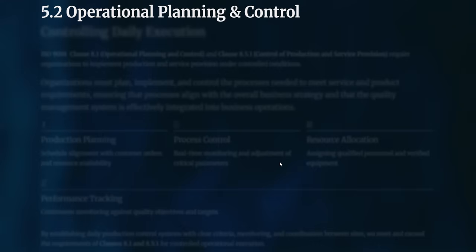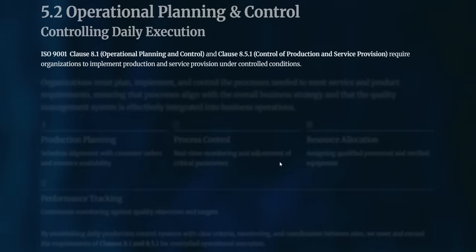5.2 Operational Planning, the second pillar, controlling daily executions. ISO 9001 Clause 8.1 Operational Planning and Control, and Clause 8.5.1 Control of Production and Services Provision require organizations to implement production and services provision under controlled conditions.